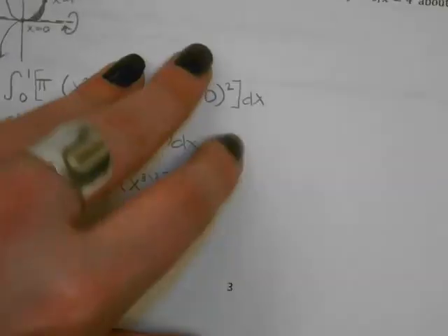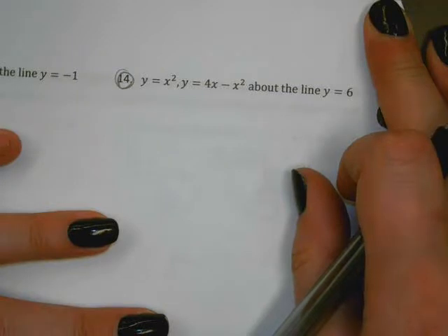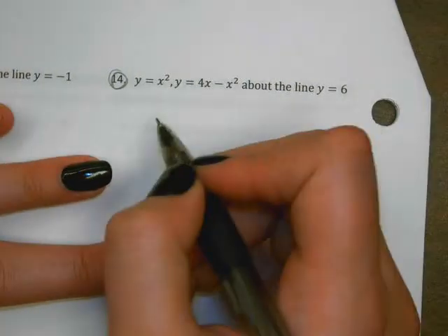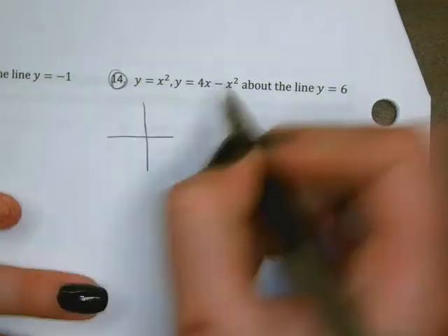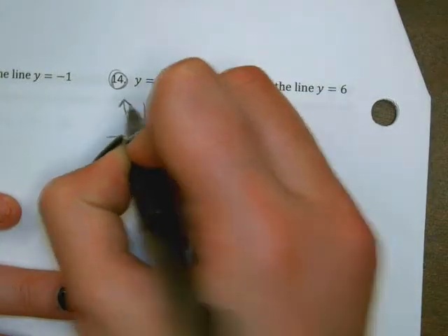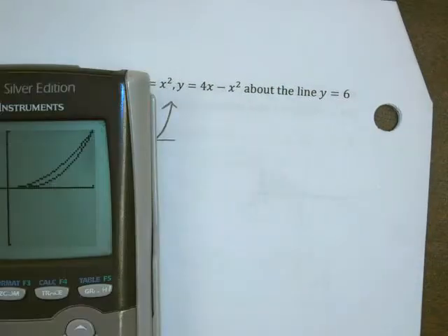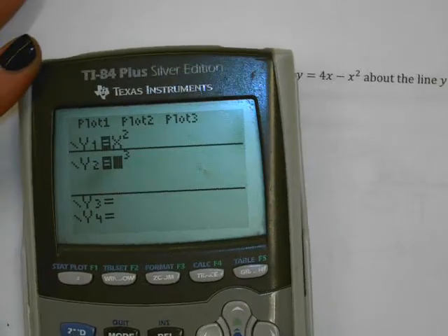I also wanted to show you problem 14 because this one is going around a horizontal line, so this one's also in terms of x. I'm going to do a vertical line as well. We have the parabola y equals x squared. Since this one is calculator active, we can graph it on a calculator if we want.